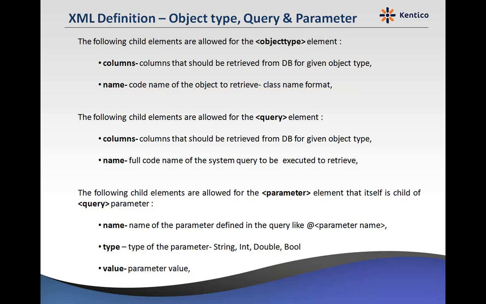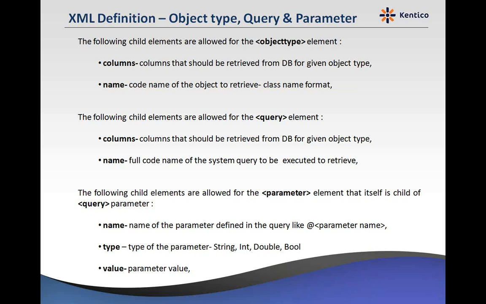And then you specify the object name attribute, and this takes the class name of the used data class, and the class name format is prefix dot and the object name. As I said, you can take a look within the database for information on class names for system objects.